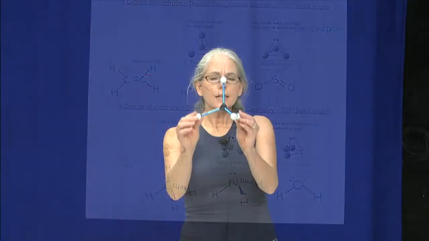So here is our tetrahedral electron geometry and molecular shape, since there are no lone pairs around the central atom. And it's helpful when looking at this shape to think about putting as many atoms as possible into the plane of the page.